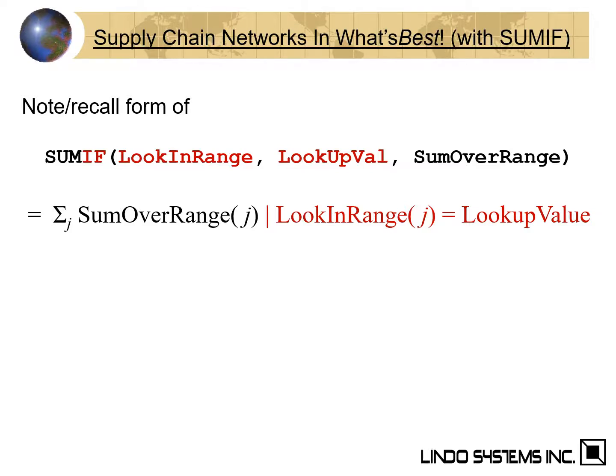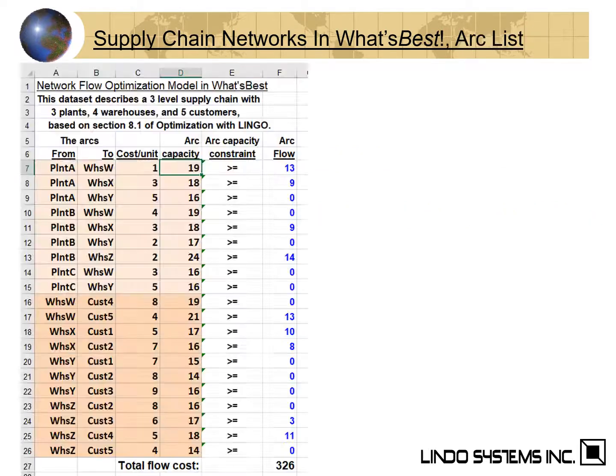It's a selective sum, which you might want to have in your toolkit of how to tackle networks in Excel using What'sBest. And the approach that we're describing here is to use lists and use the SUMIF function. We'll talk about the SUMIF function just a bit more in case you're not familiar with it.